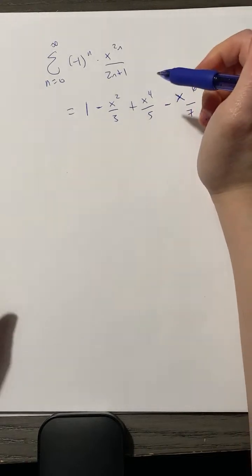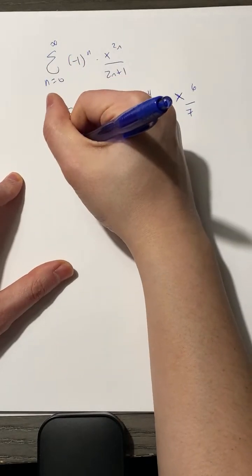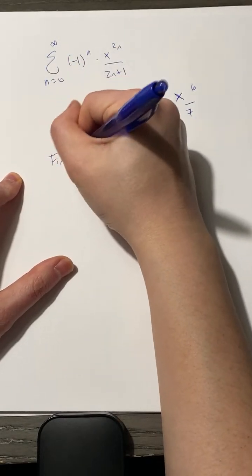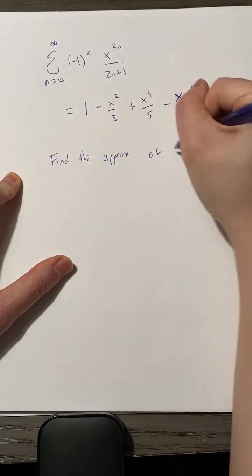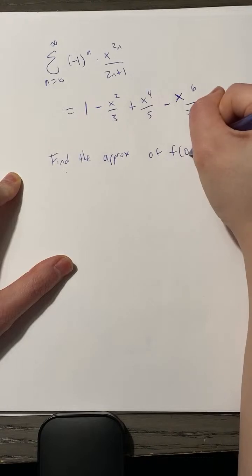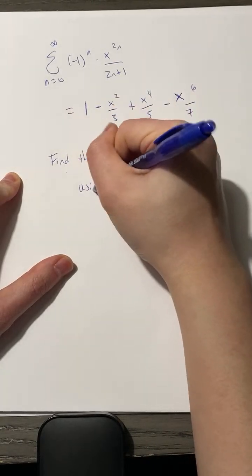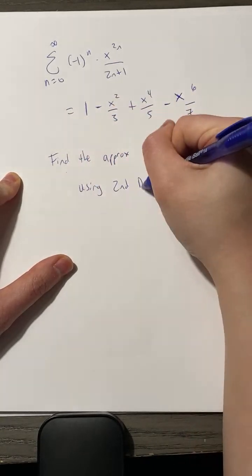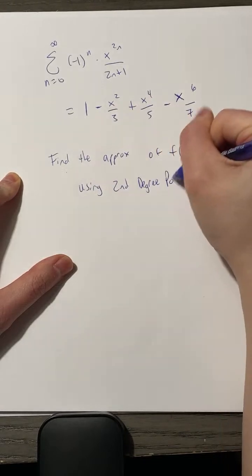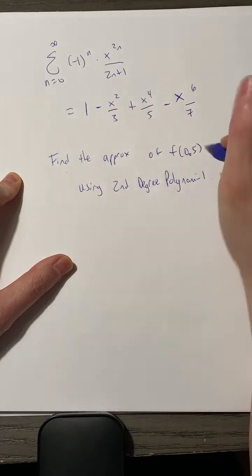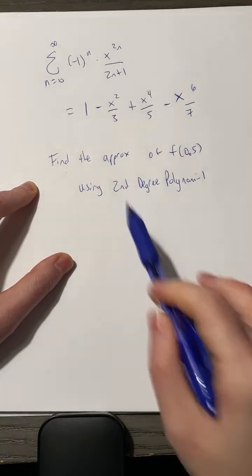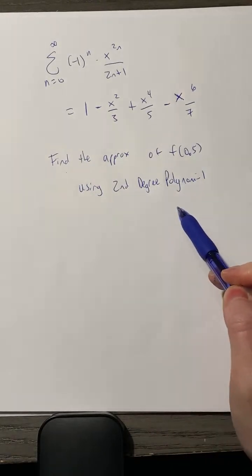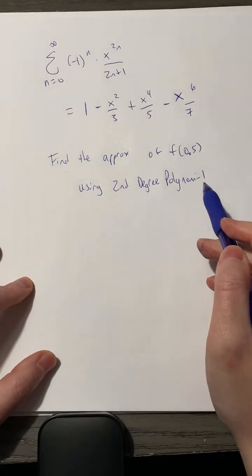And then the question, so this would be usually a 2-parter actually. It's find the approximation of f of 0.5 or 1/2 using the second degree Taylor polynomial. So just keep in mind that as I'm about to do this question, this is not the error bound part. This is the approximation part, which some students confuse.